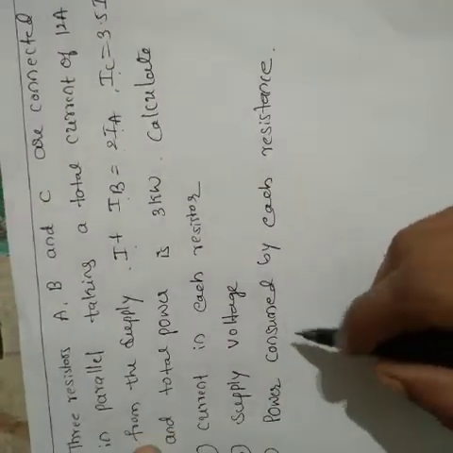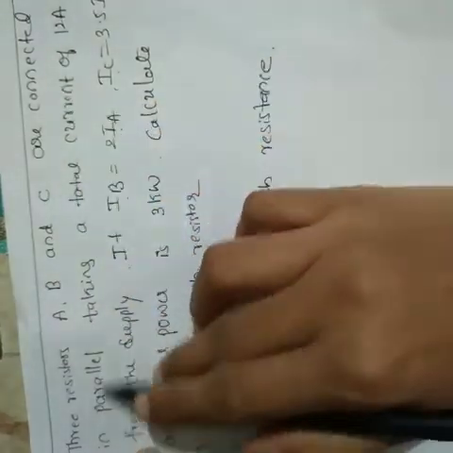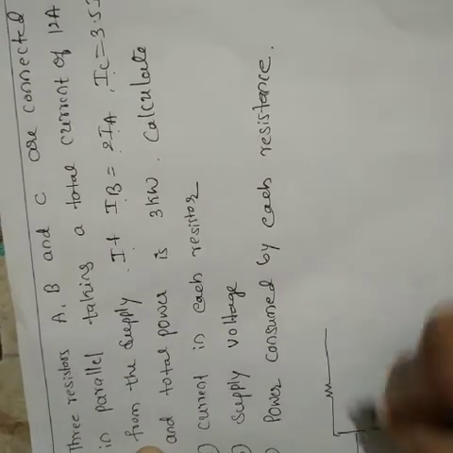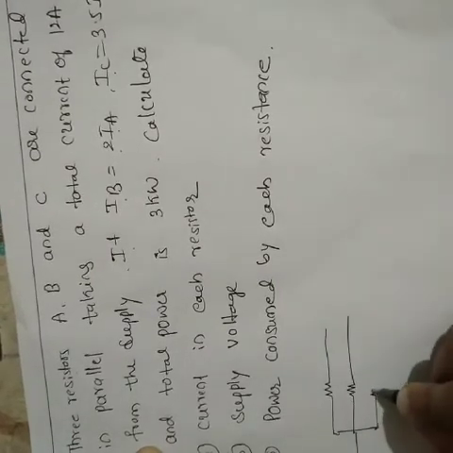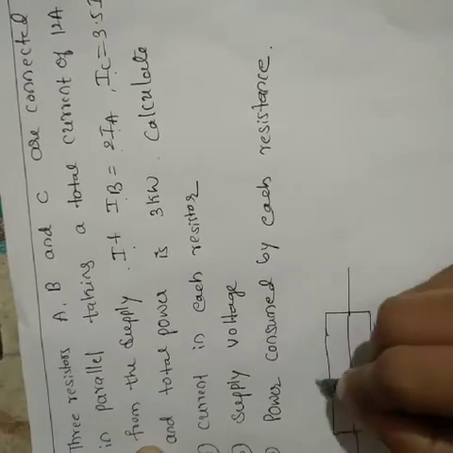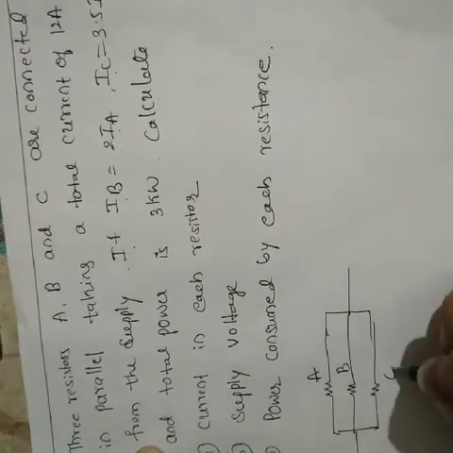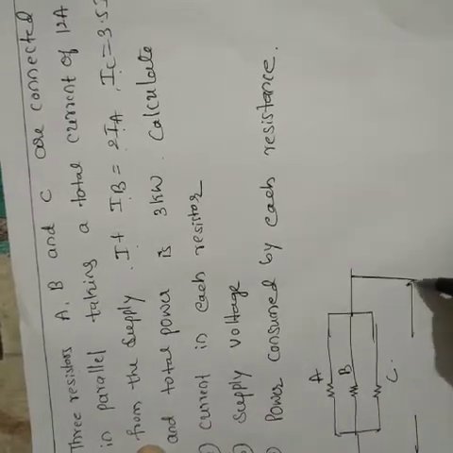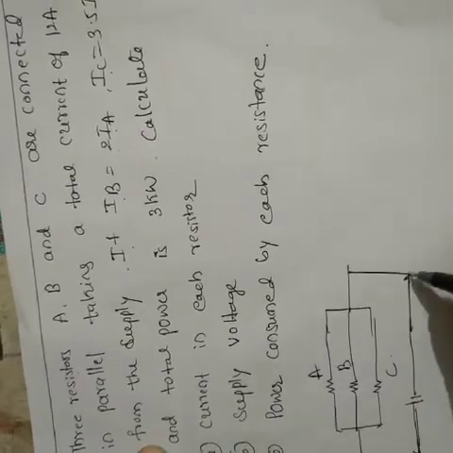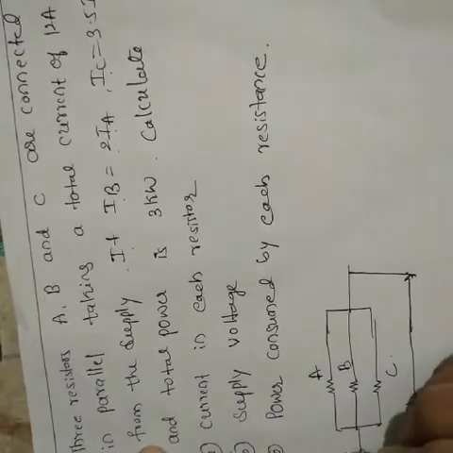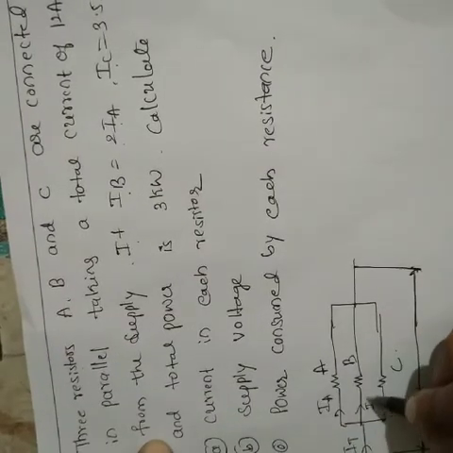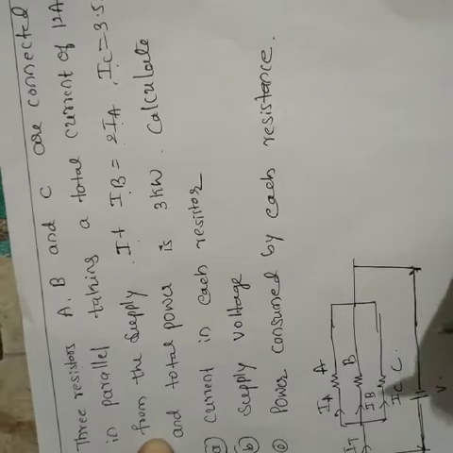Here in this problem they are given three resistors A, B and C connected in parallel. First you draw the circuit diagram. A, B and C resistors are connected in parallel across a voltage source. IT is the total current. This is your IA branch current, IB branch current, then IC branch current.